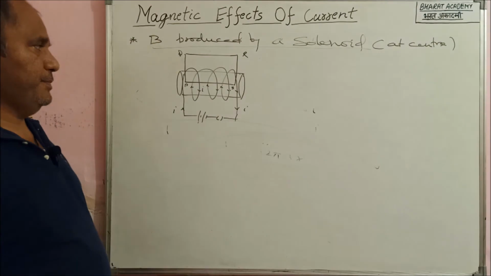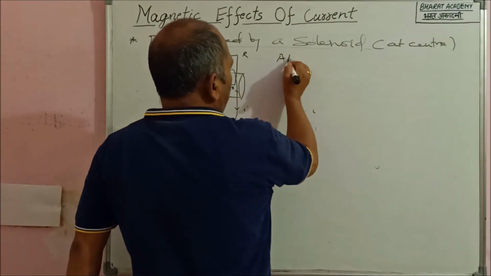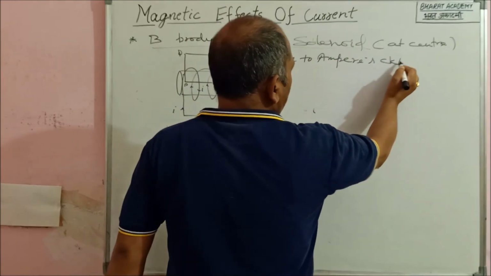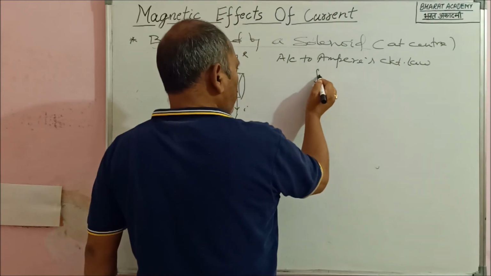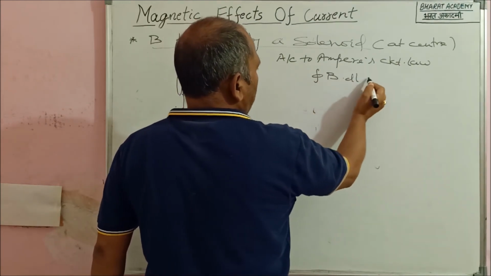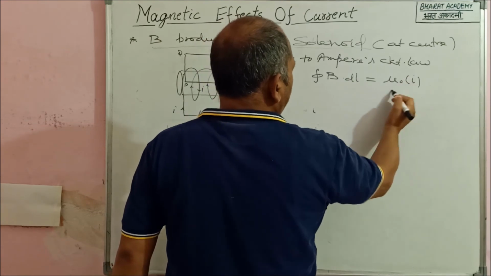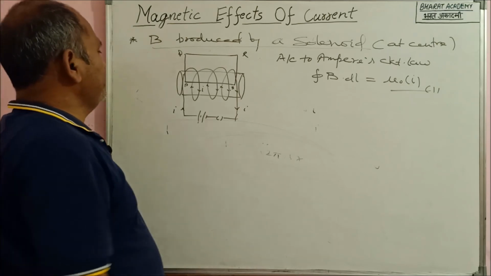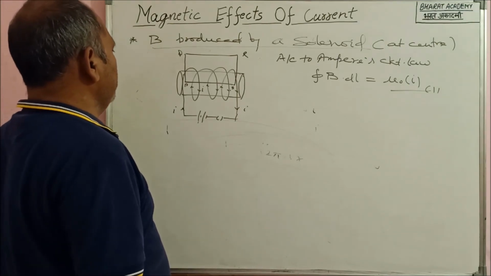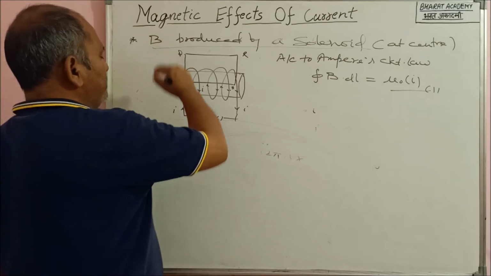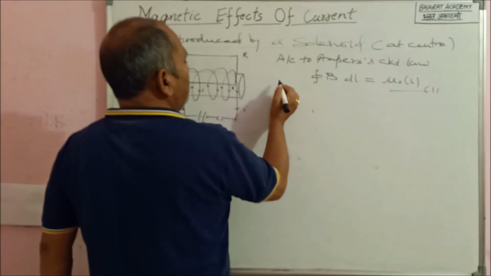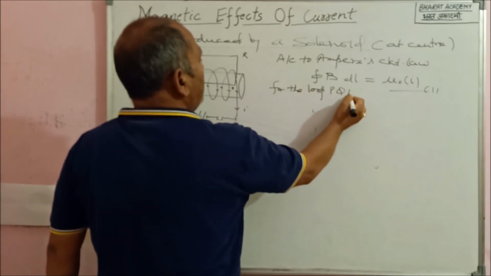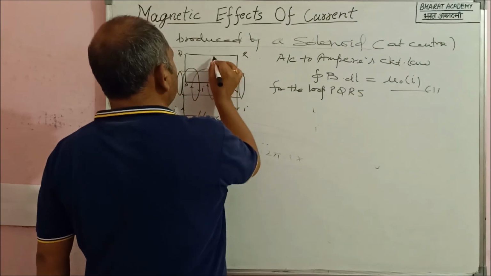So how to find it out? According to Ampere's Circuital law, what we have? The closed integral of B dot dl is equal to mu 0 times I. This we will apply for the loop P, Q, R and S. Let the current direction be like this.